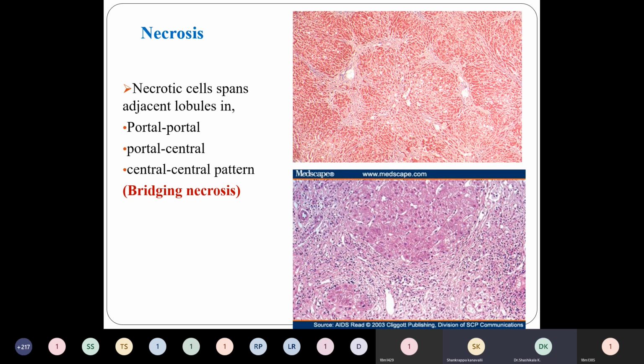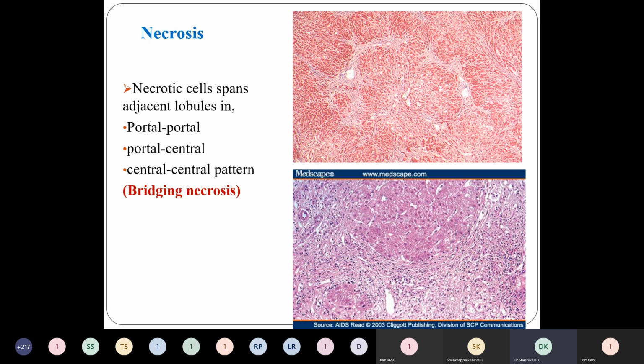Next, the degeneration of necrosis. What do you understand by necrosis? It's another form of irreversible injury, where there is cell death and degranulation of the intracytoplasmic granules. Here you can see the photomicrograph showing hepatic necrosis. These are the normal hepatocytes.